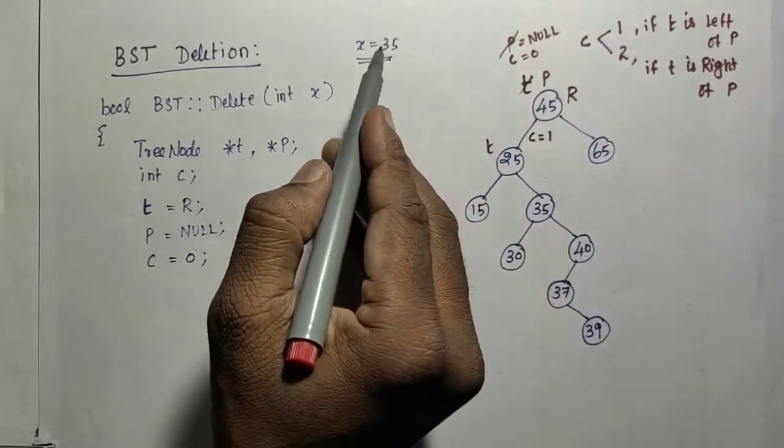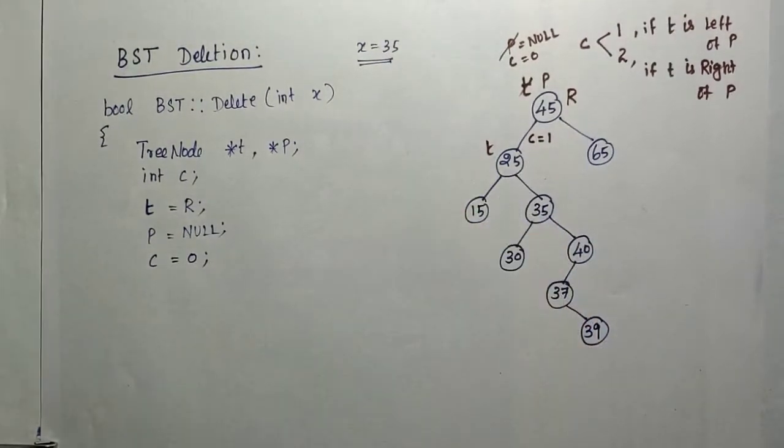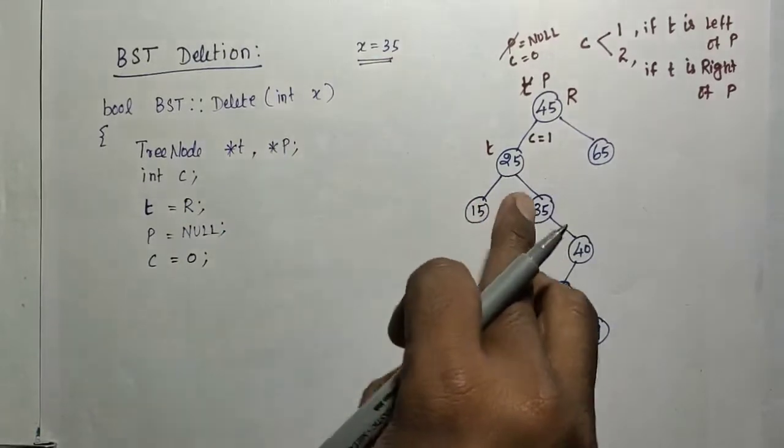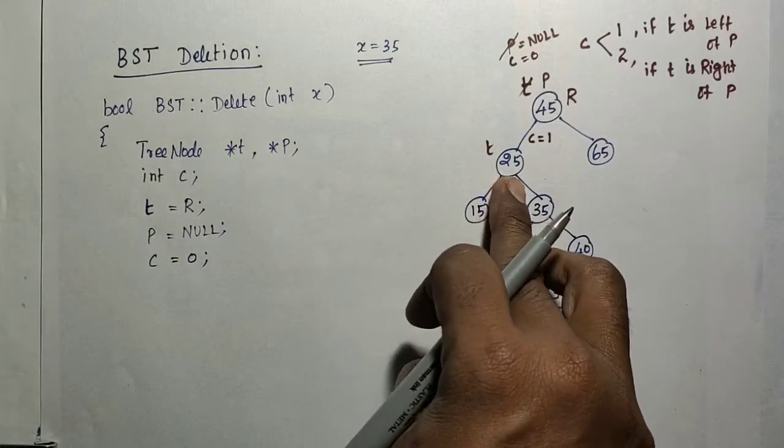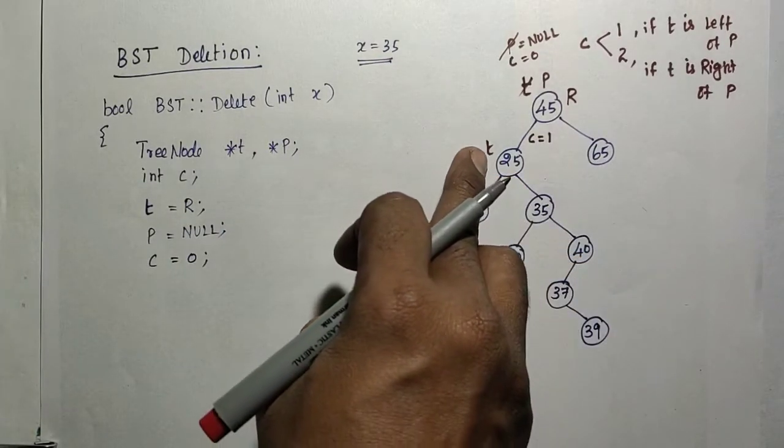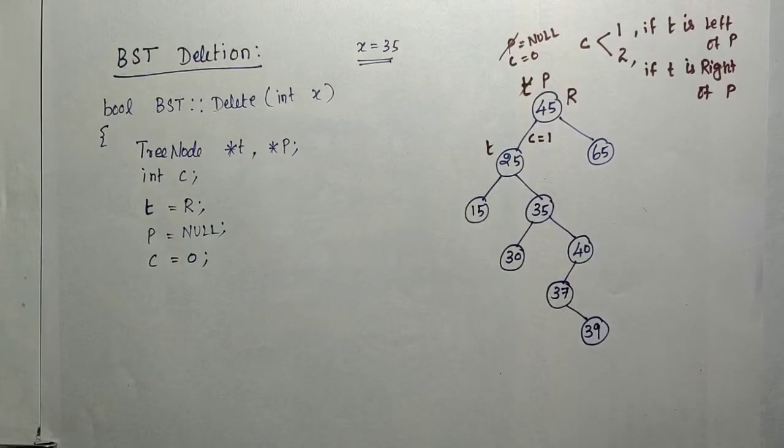Correct. So go to the next iteration. The next iteration, again 35 and 25 will be compared. 3 cases. 35 may be less than the 25 or greater than the t data or equivalent to the t of data. So 3 cases. Now here the 35 is greater than the 25. Greater than the 25 means t has to be moved to the right side. Correct.